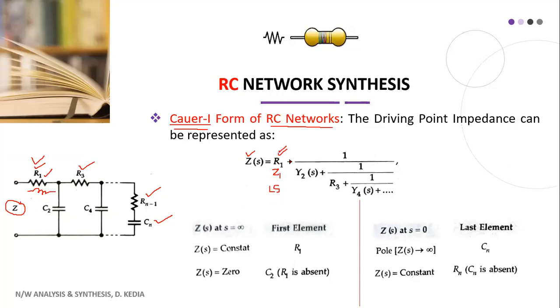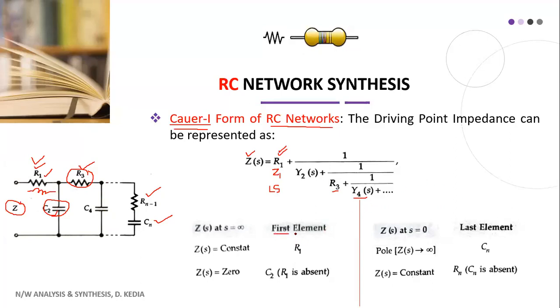Then, as I told you, we invert and then write things. So we have R1 plus the parallel arm 1 by y2, plus 1 by R3, instead of the Z3 we had yesterday, then plus 1 by y4, and so on. I hope you are now able to correlate things. So this was our Cauer 1 representation.